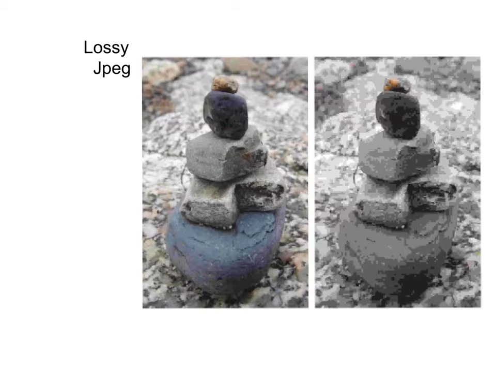So after you've saved something as a JPEG, say at low quality, if you save it again at low quality, it compresses it again. After a number of rounds of compression, you can actually get what we call artifacts, which is where you can start to see individual pixels within the files, or missing pixels or things like that.